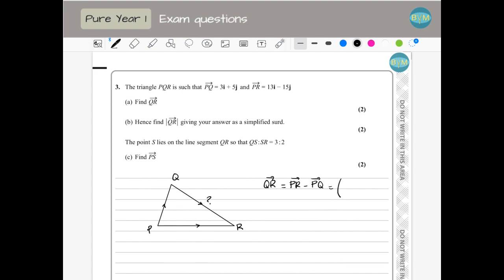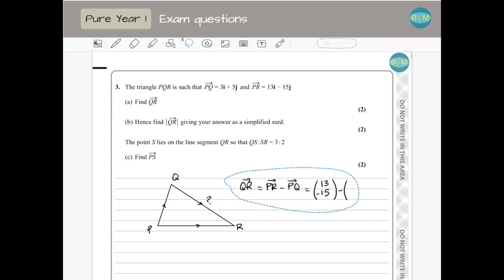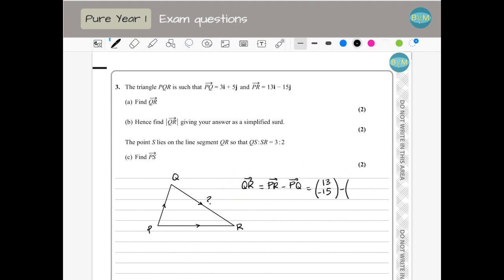So PR is 13, minus 15, and PQ is 3, 5. So this is going to be 10i minus 20j.